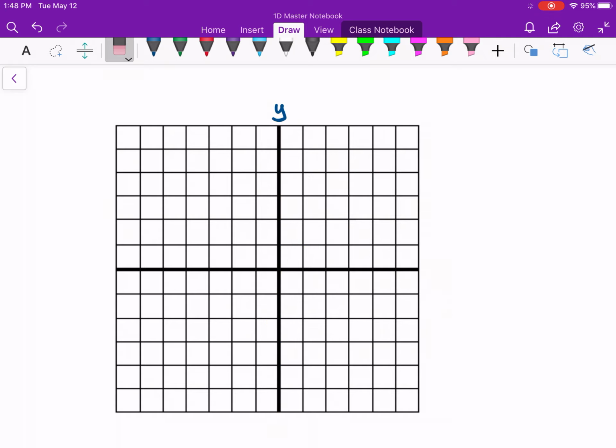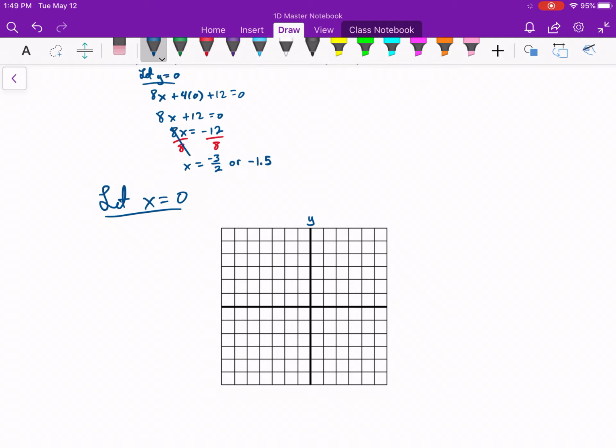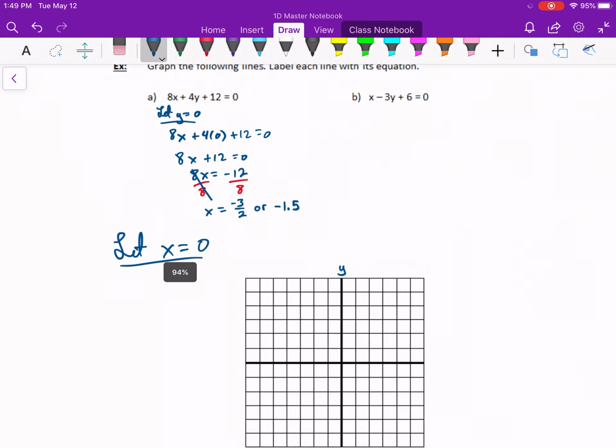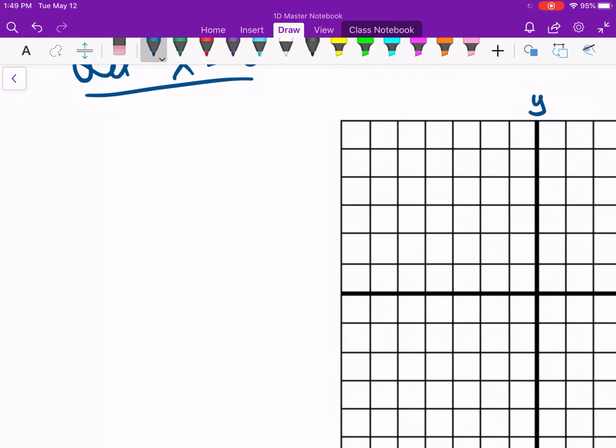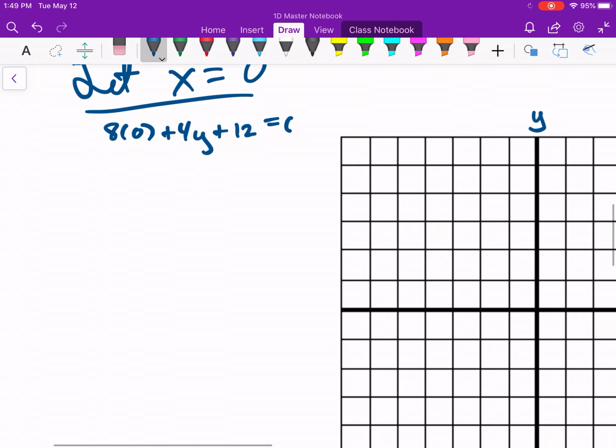Okay, so if we want to get a y-intercept, we're going to let x equal 0. And when we do that, I've got 8 times 0 plus 4y plus 12, it was plus, wasn't it? Plus 12, yes, equals 0.